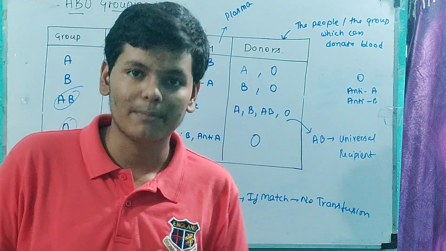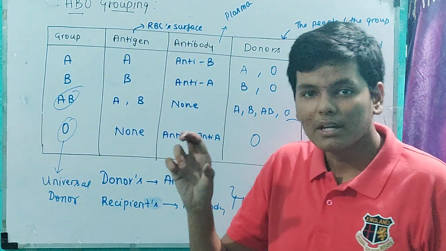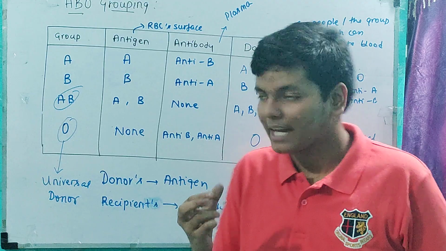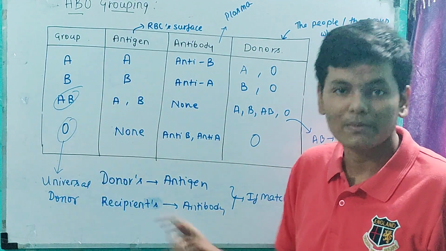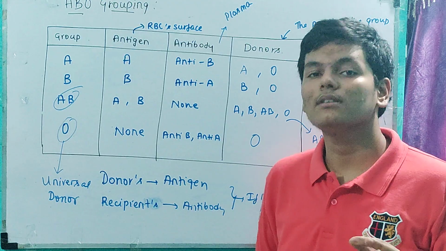Let us sum it up a little bit and quickly. ABO grouping involves the grouping on the basis of the alphabetical characters, that is A, B, AB and O. This naming is based on the types of antigens which are present on the RBC surface.